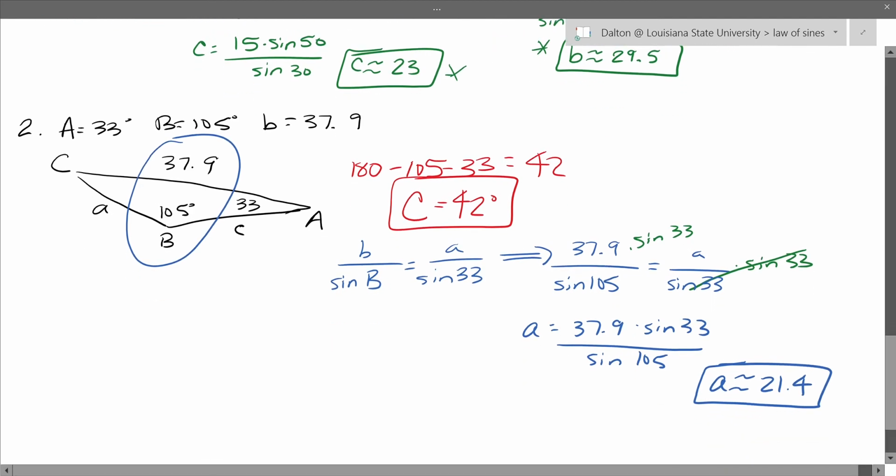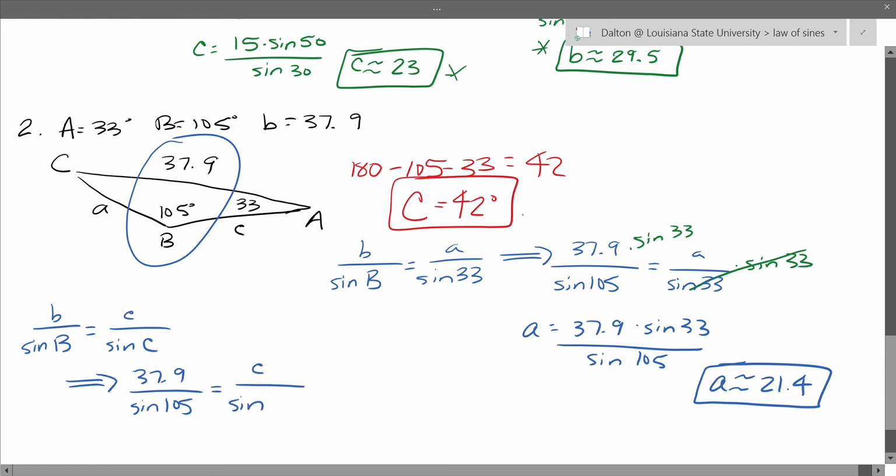Okay, I'm going to continue using the B's since I know those. So B over the sine of B is going to equal C over the sine of C. This implies that 37.9 over the sine of 105 is equal to, I'm looking for side C over the sine of, remember we found angle C earlier, so that's the sine of 42.